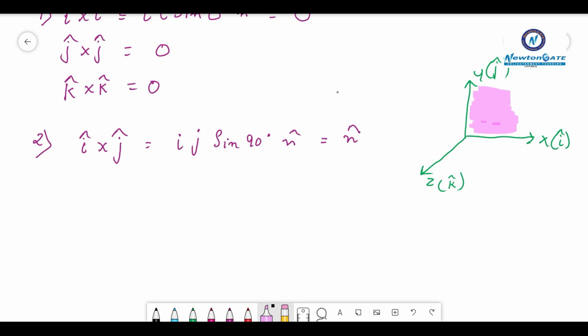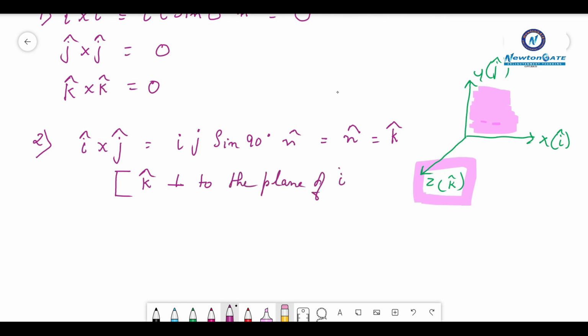It is z. k cap is perpendicular to the plane of x and y. That is what n cap will be. So I can write n cap as k cap, the reason being that k cap is perpendicular to the plane of i cap and j cap.